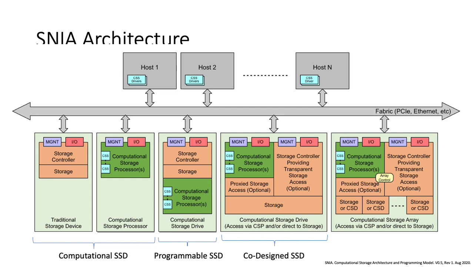So here's the SNIA architecture, where they identify traditional storage components, so a storage controller on top of storage. These are the orange components. And in green, we have the computational storage processors.